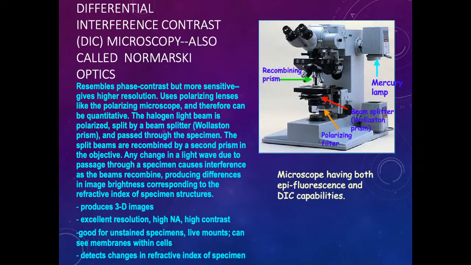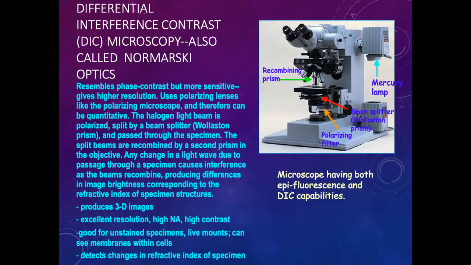They can have one product itself. They resemble phase contrast but are more sensitive and give very high resolution. As we go up through these microscopies, things are getting better and better. They are also using polarizing lenses, like in the polarizing microscope, and therefore we can quantitate our data.